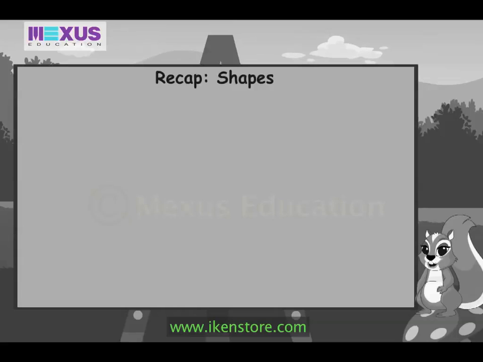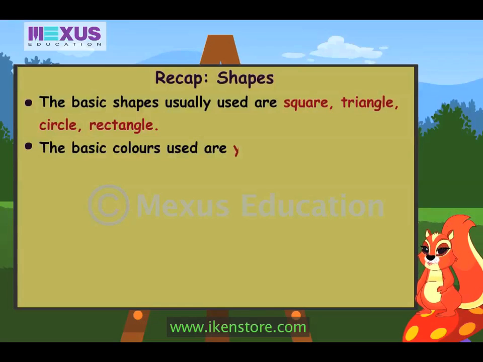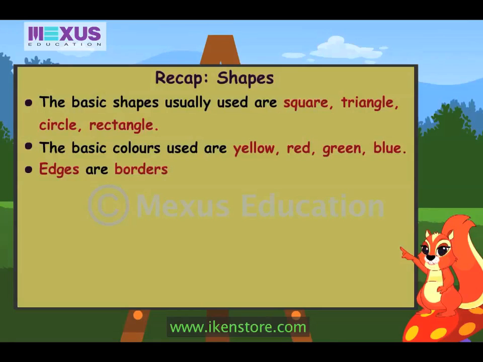Let's revise them quickly. The basic shapes usually used are square, triangle, circle, rectangle. The basic colors used are yellow, red, green, blue. Edges are borders or sides of objects.